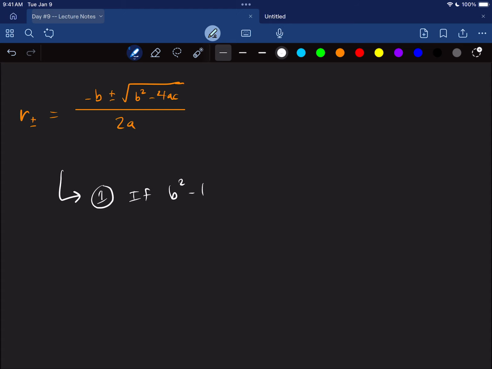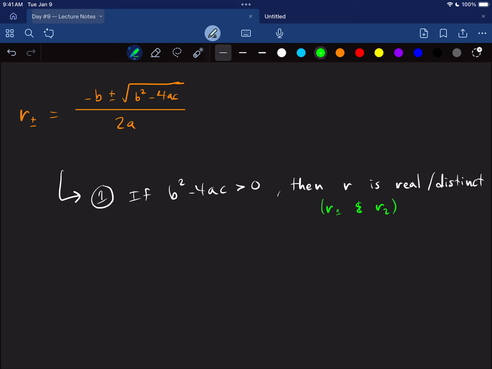If b squared minus 4ac is positive, then r is real, and we'll say distinct. There's two different r's. I'll just say like r1 and r2.